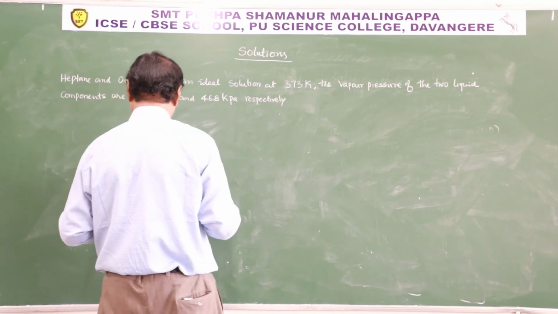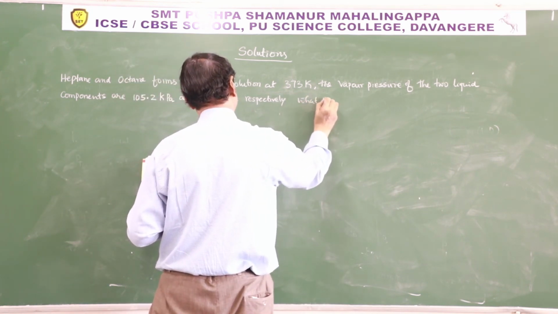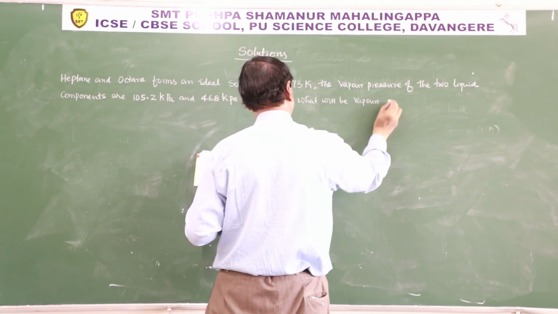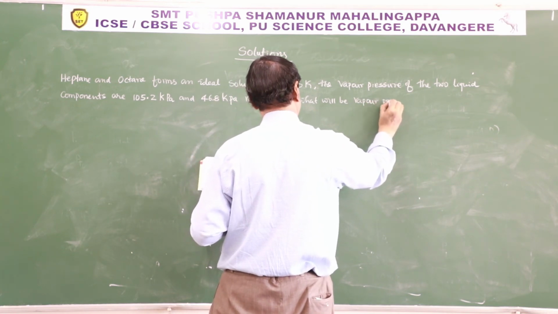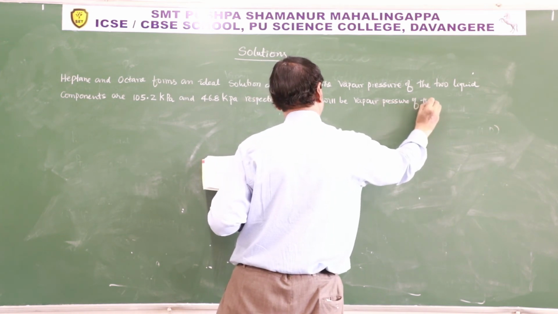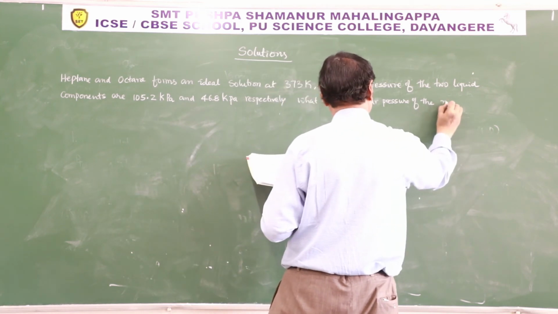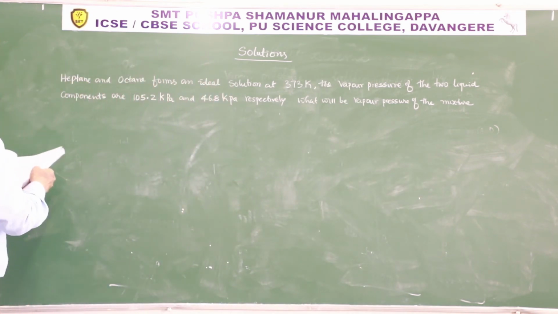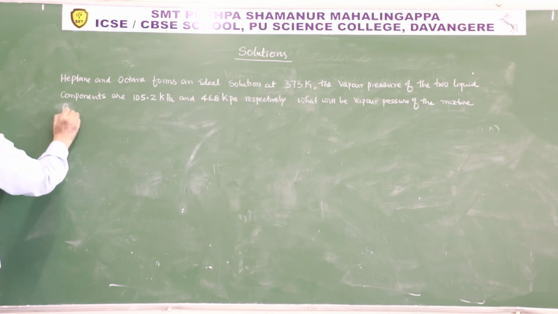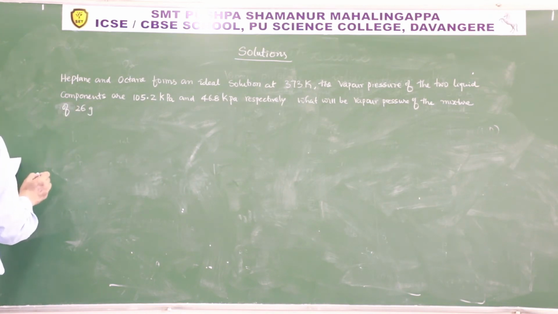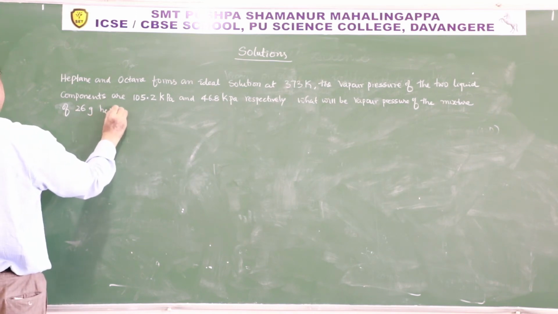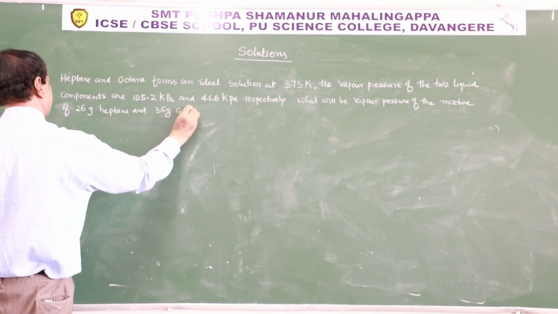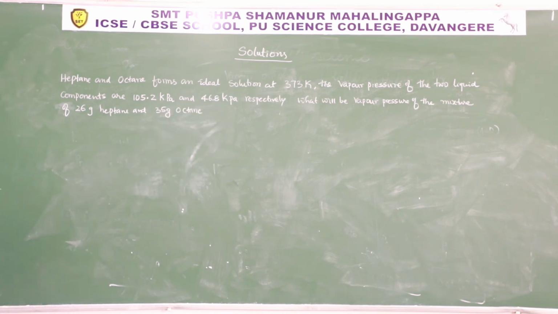What will be the vapor pressure of the mixture of 26 gram heptane and 35 gram octane?